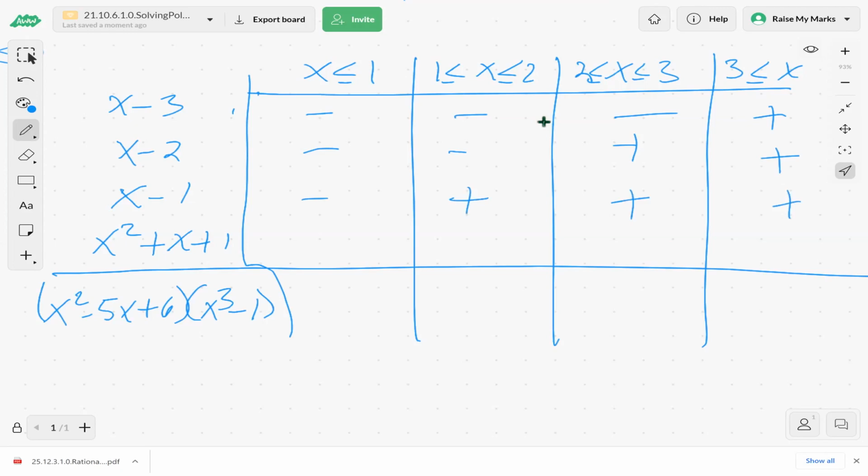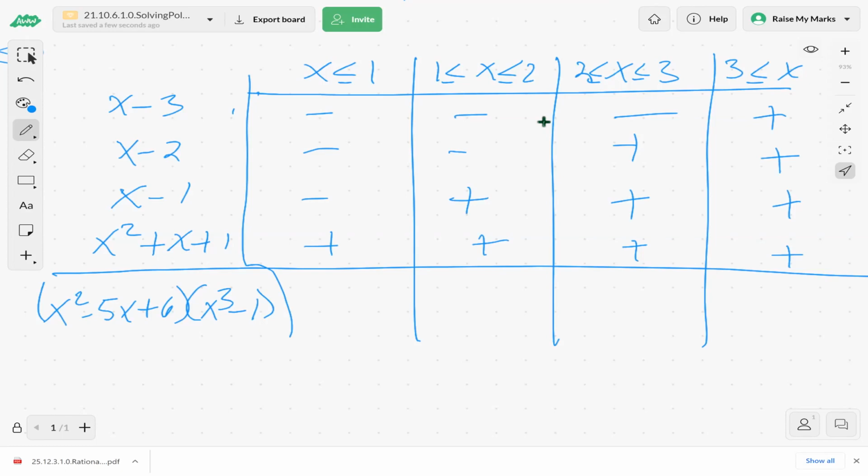And finally, x squared plus x plus 1 is positive on every interval, because the x squared is always going to be much larger, even if we have negative values for x.